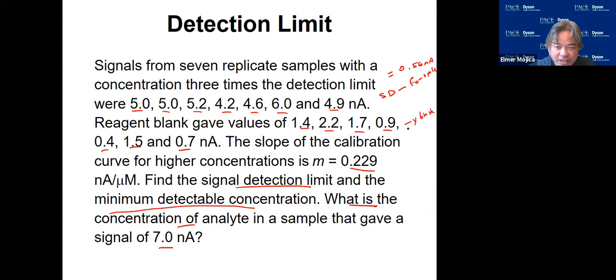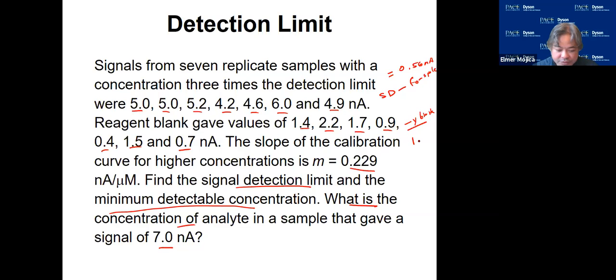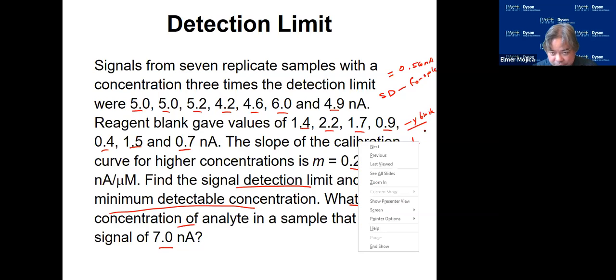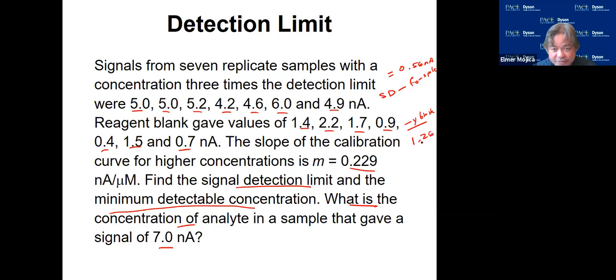How about the average for the blank? I got 1.3. So 1.3, or you round it, we need at least 2 decimal places. 1.26. Okay, so 1.26.